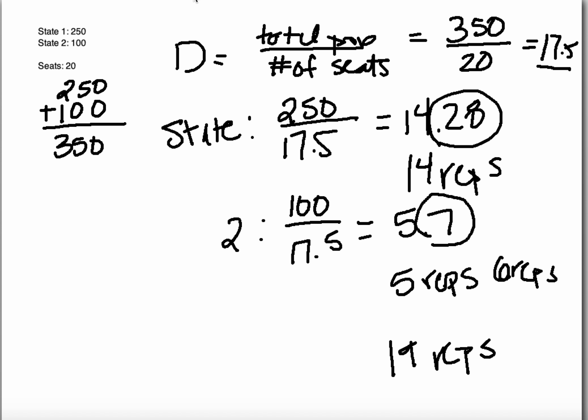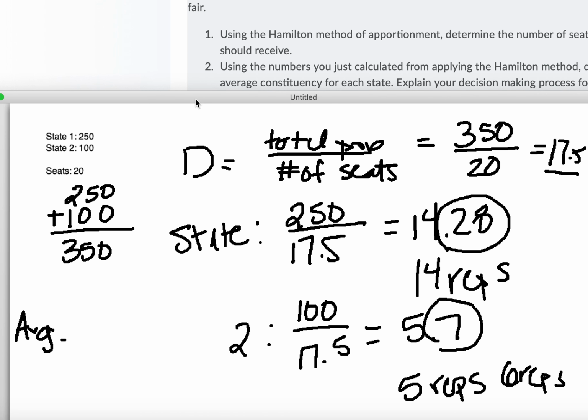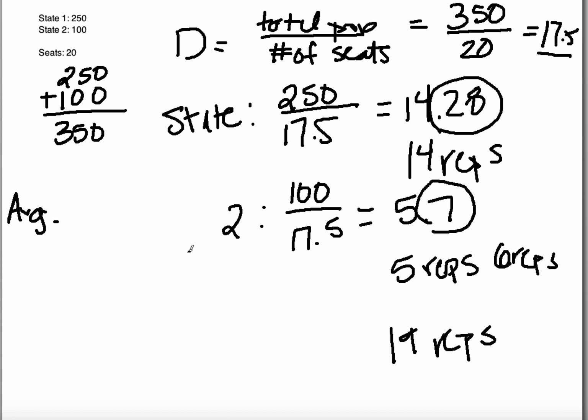Now, in the next part, we have to calculate the absolute and relative unfairness. So this is a formula. To do that, we have to find the average constituency, which it does ask us for in part 2. To find the average constituency, we're going to take each state population and divide that by the number of reps.